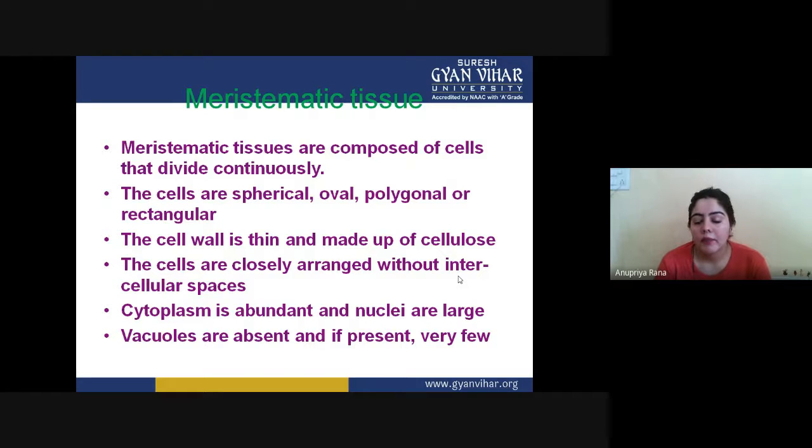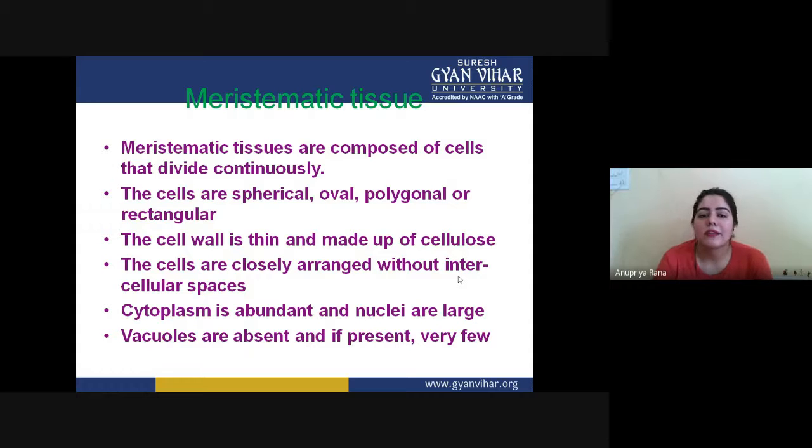Basically, if a cell wants to do the cell division process, there are two processes which a cell has to follow for completion of cell division. Process 1 is the karyokinesis process.